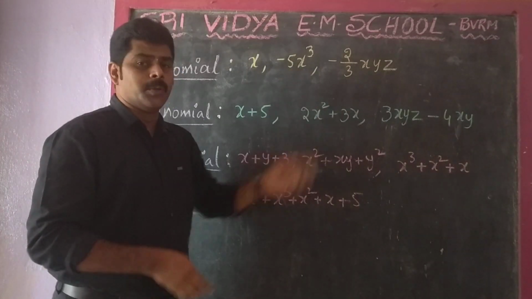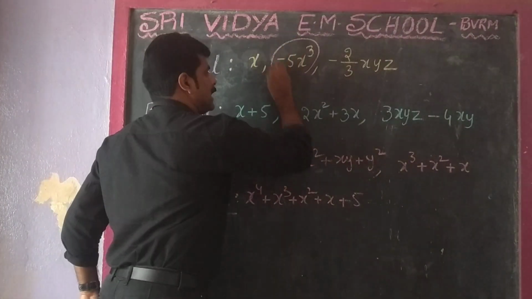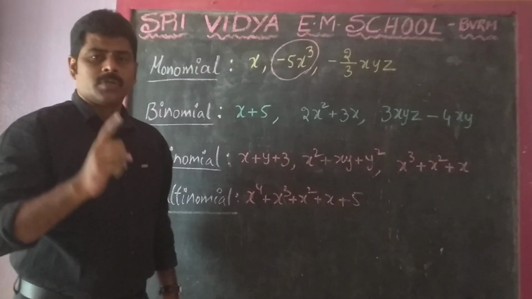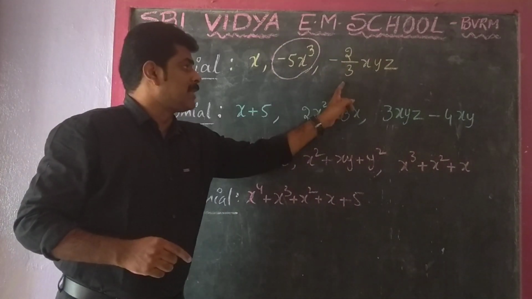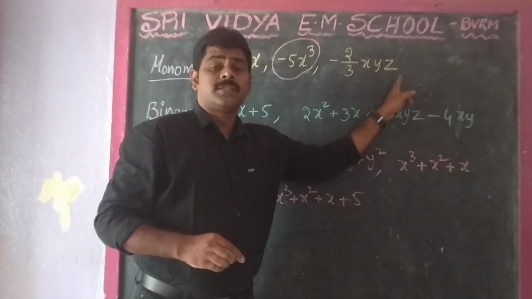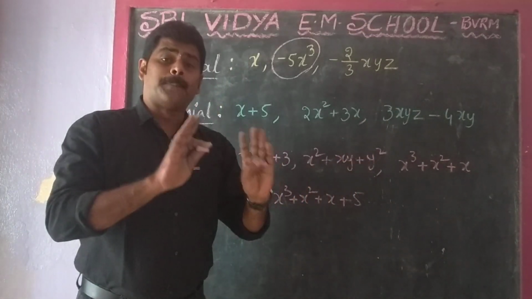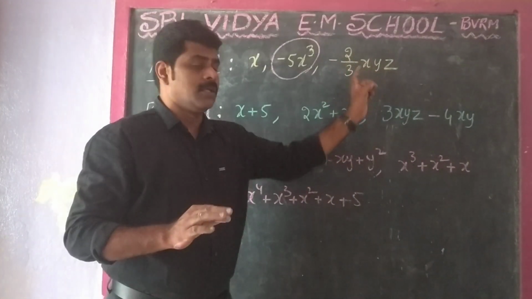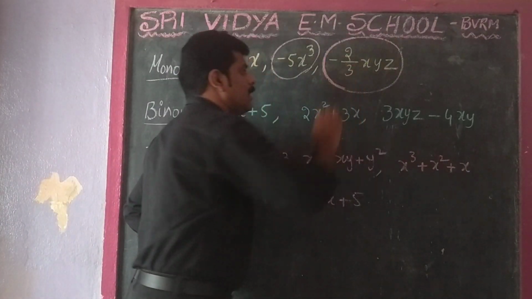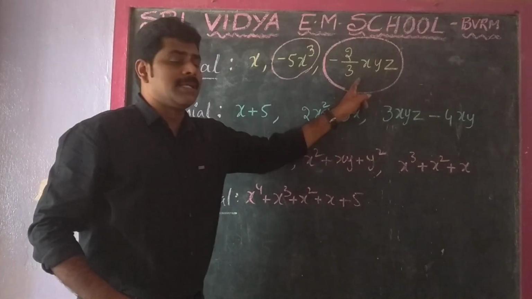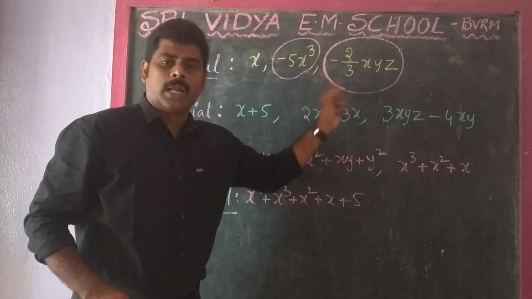Minus 5x cube is also a term, so it is also a monomial. Minus 2 by 3 xyz. There is no plus or minus operation in between, so it is also a single term, and it is also known as a monomial.